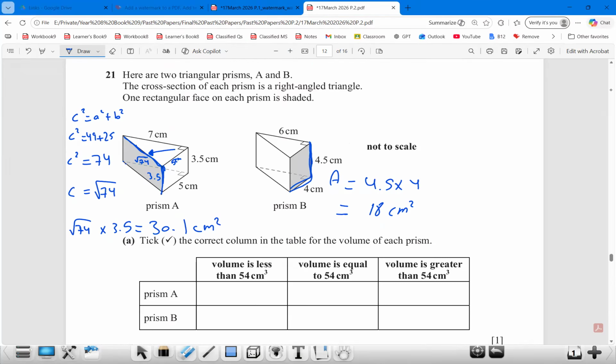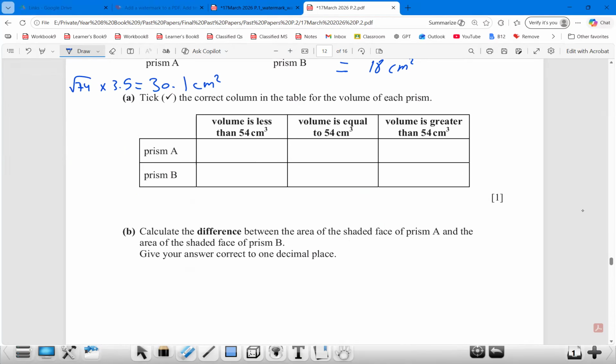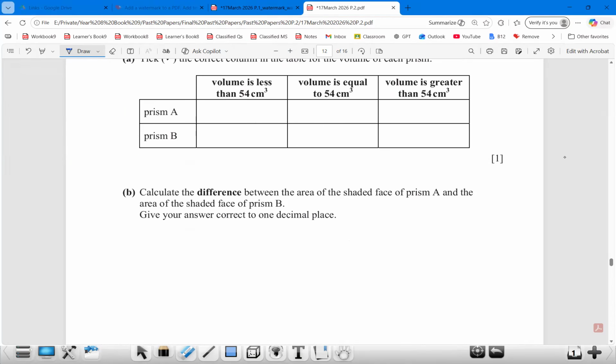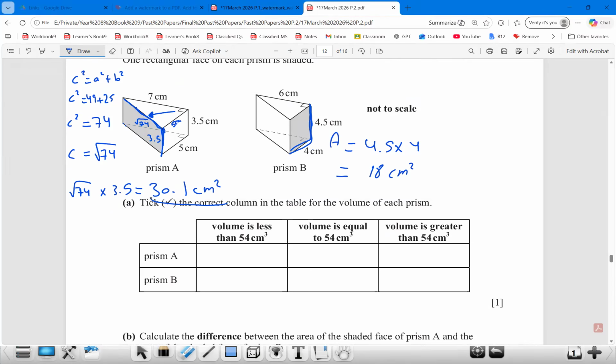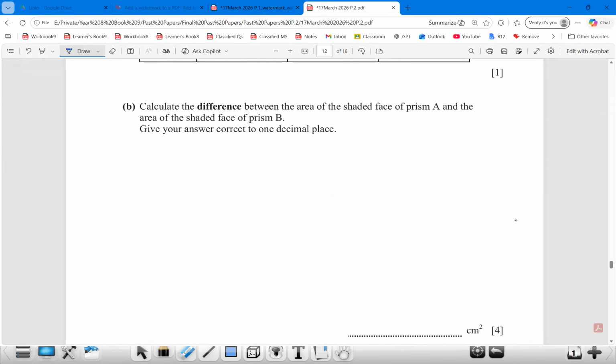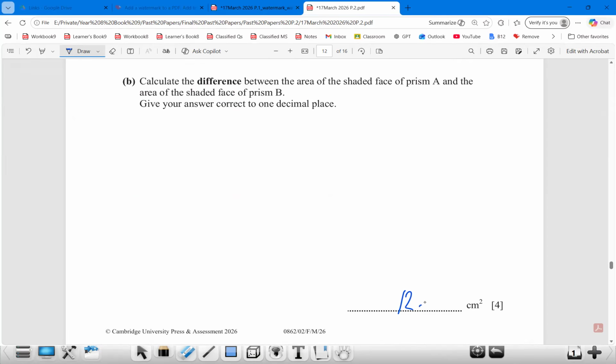Okay, you have space down there. All right, so they now want the difference between the areas of the two shaded faces. Getting 30.1 centimeters squared is not enough, and getting 18 centimeters squared is also not enough. So you should now find the difference, which is going to be 12.1 centimeters squared. So the difference is 12.1 centimeters squared.